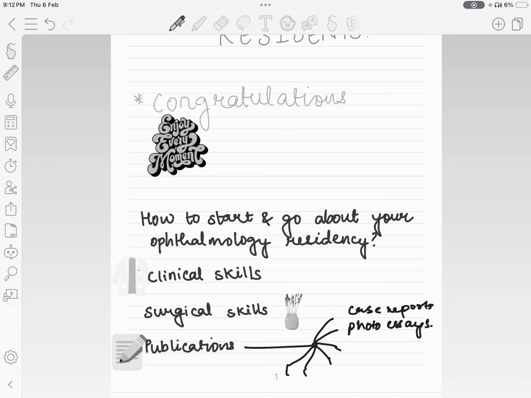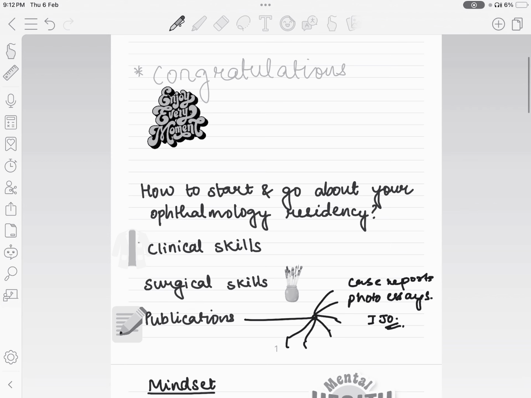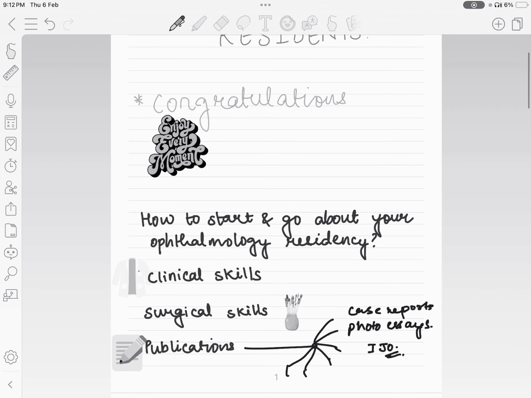Most commonly it is the Indian Journal of Ophthalmology (IJO), and these are a few case reports and few photo essays that I had published during my residency. Even better are review articles or some actual research. Your thesis is something that you can publish later on, right?